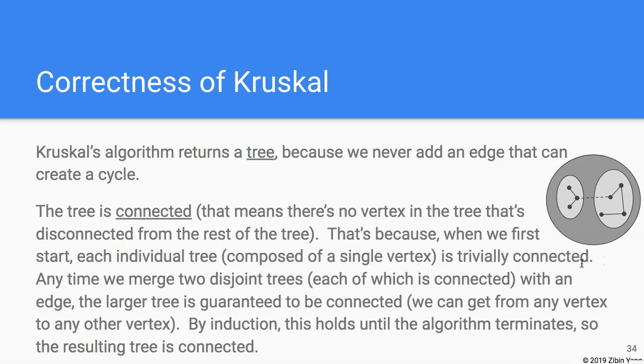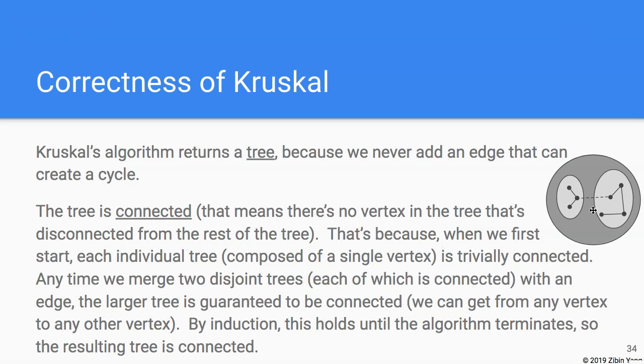So it's trivially connected. Now, if we look at every step that we take, anytime we merge two disjoint trees, and the assumption is that those two disjoint trees are by themselves connected, and when we merge them with an edge, then the resulting tree is guaranteed to be connected, which means we can get from any vertex in either of the trees to any other vertex in either of the trees, right?